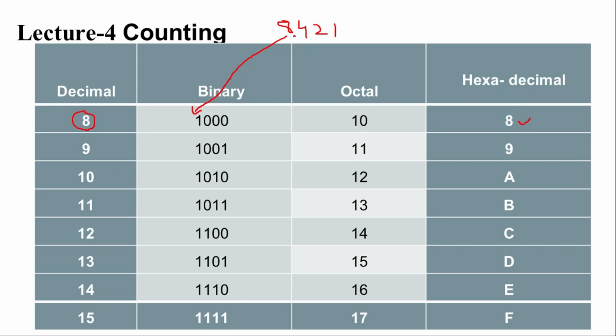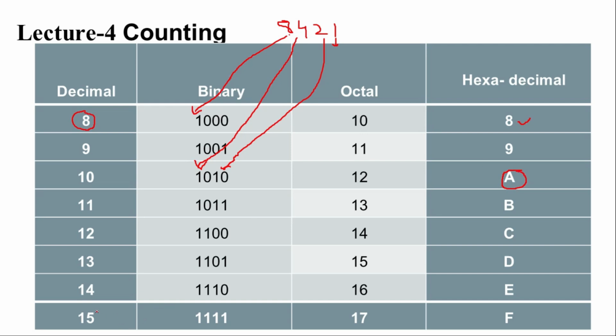For 9, we keep this bit high and the lowest bit, the LSB, high: 8 plus 1. So in octal, after 10 we write 11. Similarly for 10, we make the 8 and 2 bits high, so we write 1010 here. The only change is that in hexadecimal we write 10 as A.